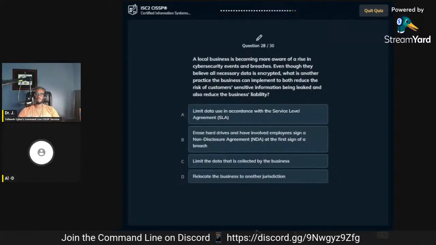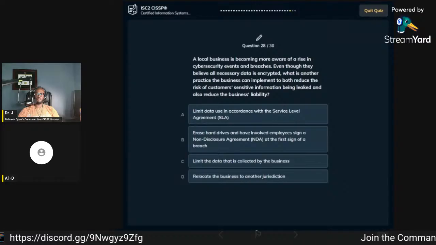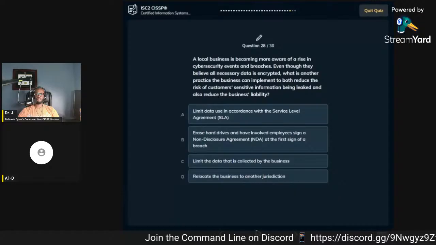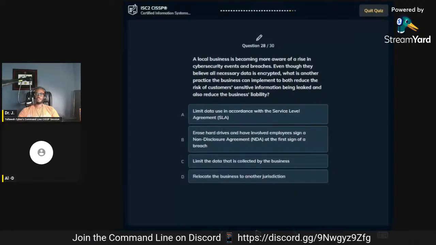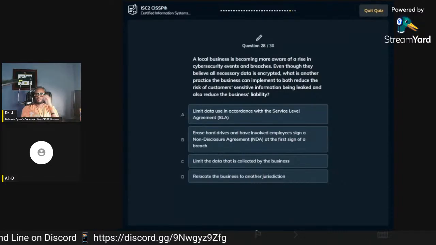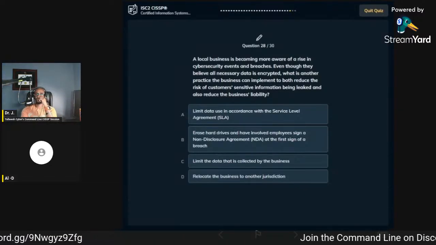I'm looking at between Alpha and Charlie. This actually plays on the previous question we just had, when we talk about data minimization.